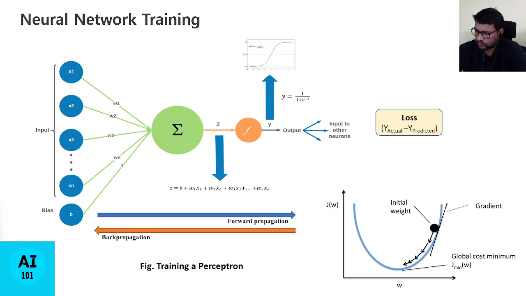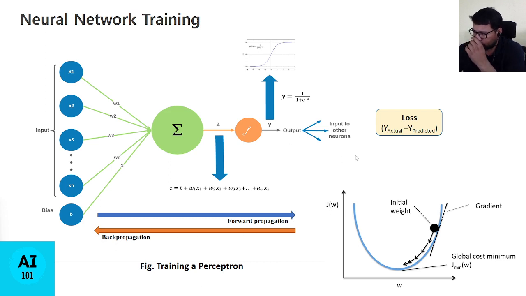The output is the element-wise multiplication of input and weight plus the bias, right? This is the linear output, and then we pass it to the non-linearity, the activation function, and we get some result. This is the forward pass, as you can see here.